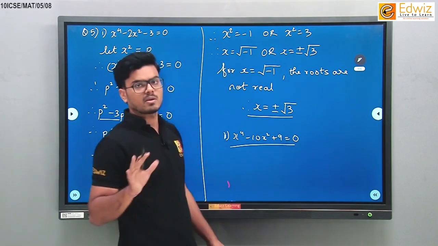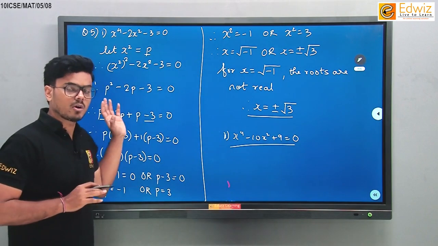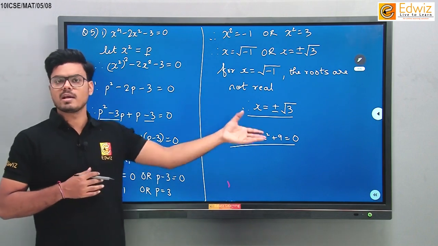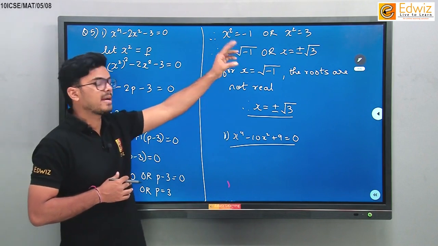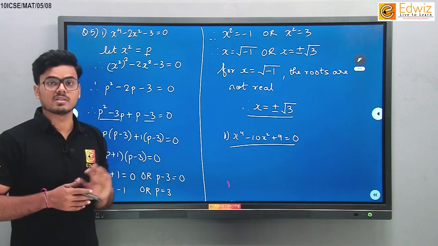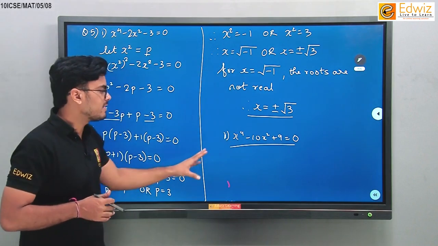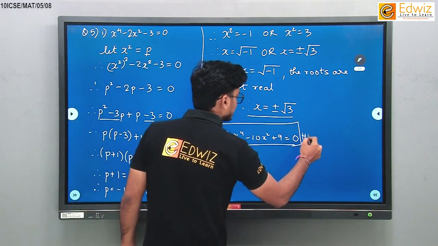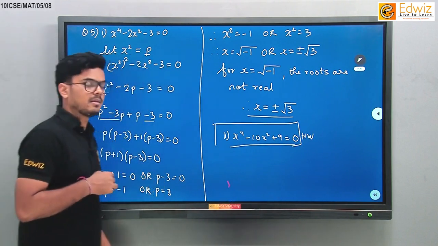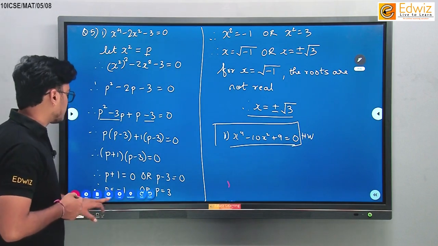Very similar question. Assume x square as something else, p, q, a, whatever. Solve the question and then find the values of x finally from both the equations that you get. So I'll leave this question up to you. Those of you who have textbooks, please mark it as your homework. Now let us go to the next question.